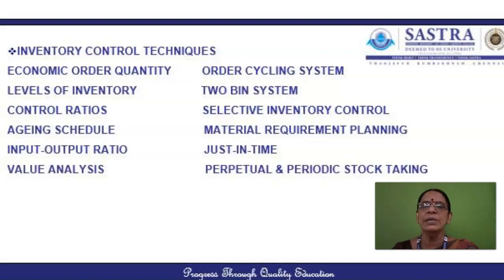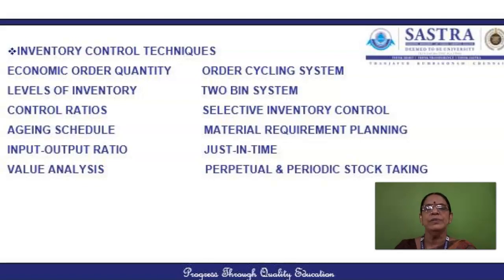The second bin contains a quantity equal to ROL, that is M plus LC. It refers to the satisfaction of demand during the replenishment period. The first bin contains a quantity Q minus LC to satisfy the demand between the receipt of the materials and the placing of the next order, where LC refers to the lead time consumption.